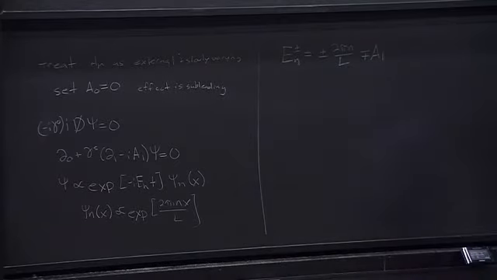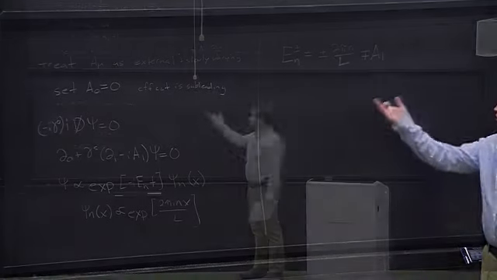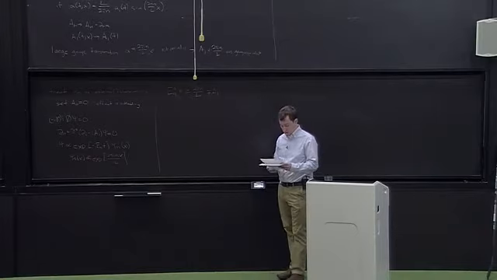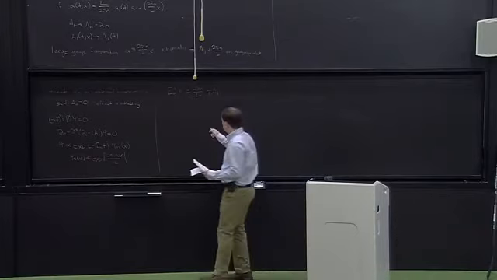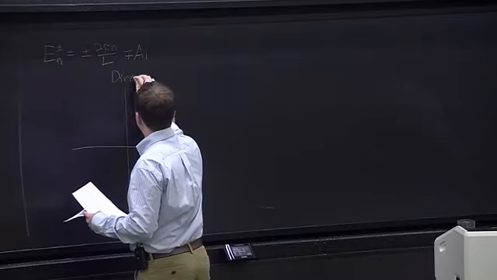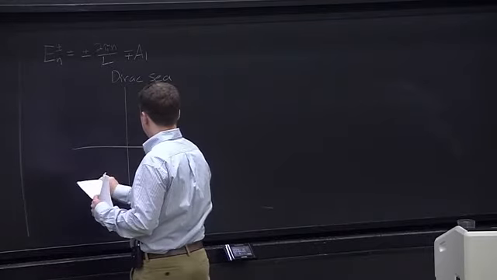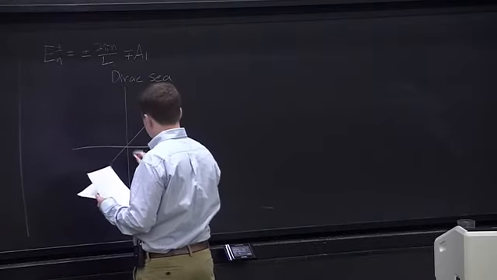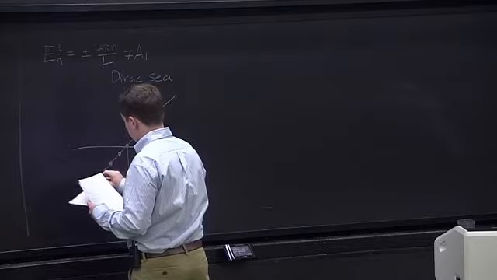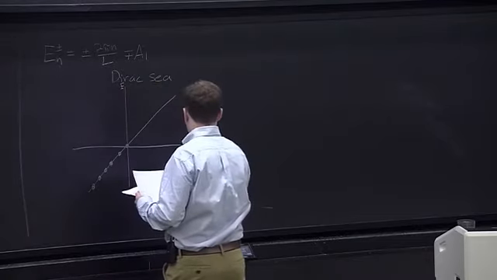So now that we found the spectrum, we can, in the Dirac picture, draw what the ground state looks like for A1 equals 0. So we sketch E versus p.